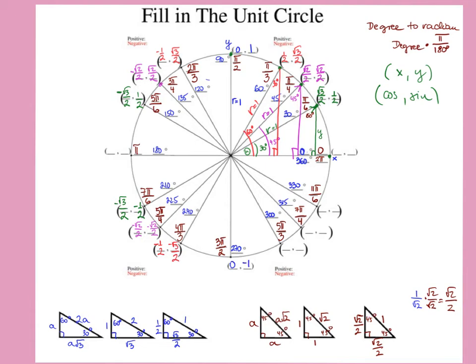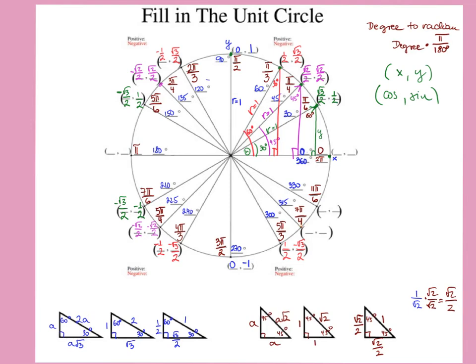So let's go ahead and start reflecting. So we are going to reflect our 60-degree angle to 300. And in this case, our x-coordinate is positive and our y-coordinate is negative. So it's going to be 1/2 and negative √3 over 2. Then we move to 45 degrees, which reflects over the x-axis to 315 degrees.